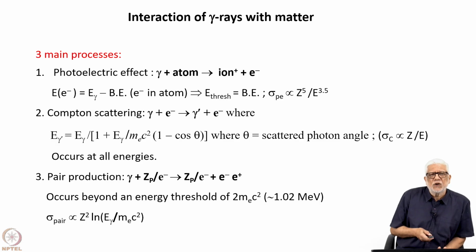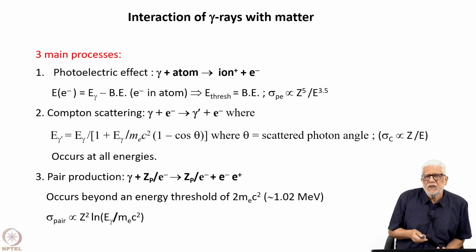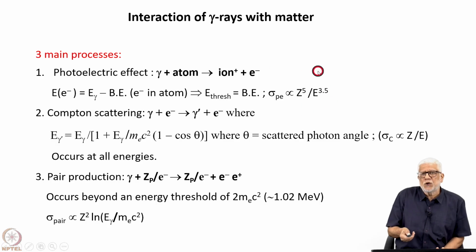The energy of the electron is related to the energy of the photon by E gamma minus the binding energy, and so the threshold, of course, for this process is the binding energy. I have not yet defined the cross section, but the probability for this process is proportional to Z to the 5 and inversely proportional to E to the 3.5. So, it is important in heavy targets and at relatively low energies.